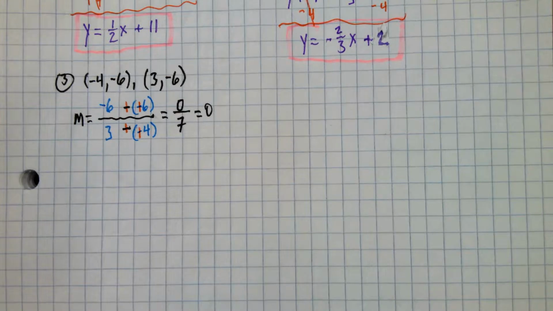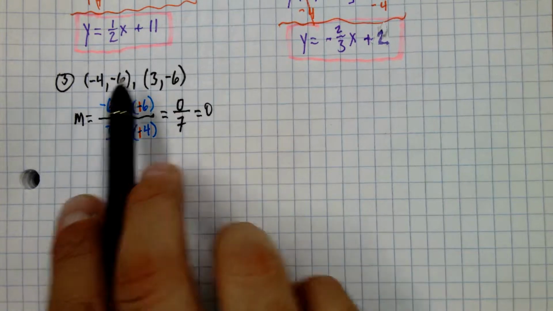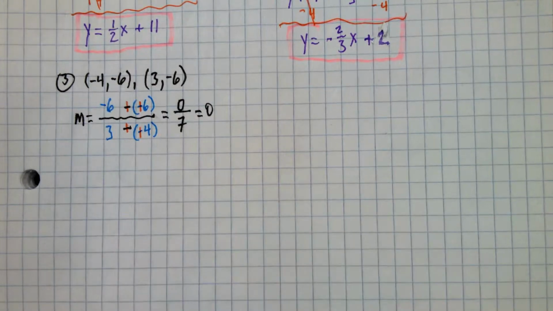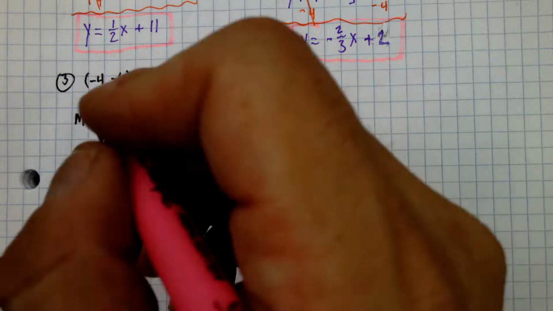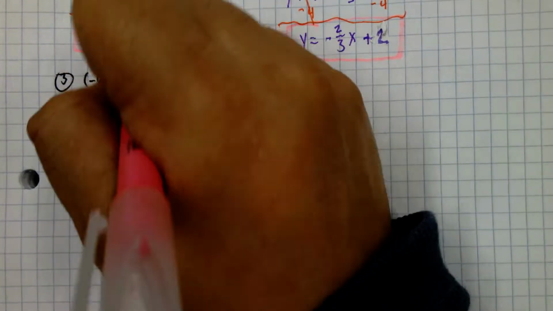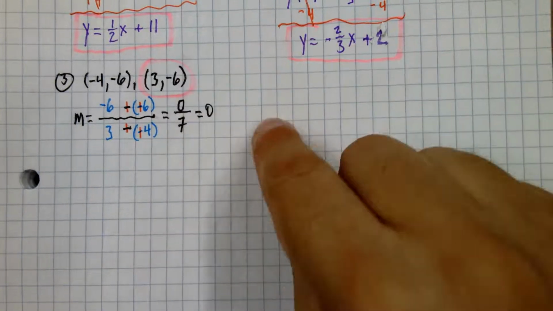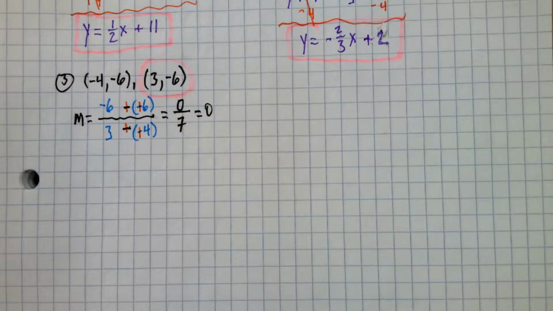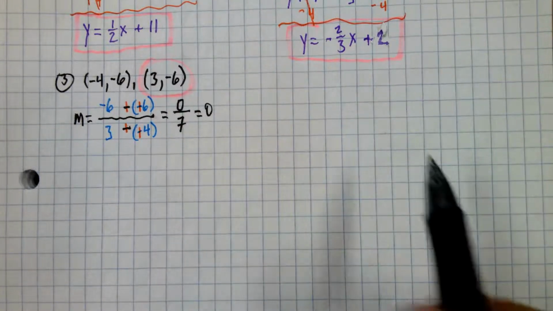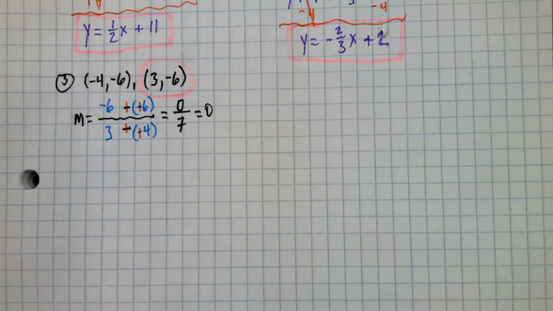Plug in either ordered pair. So pick an ordered pair. It doesn't matter which one, whichever one you want to work with. I'll work with that one. So use this point and that slope. Let's plug it into point slope. So now we're going to plug in like we did here.